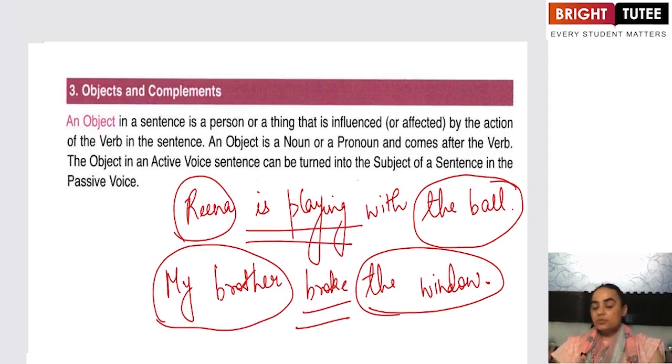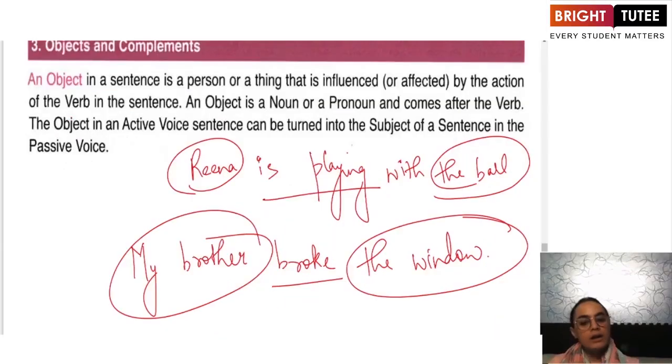One more thing that will help us to identify the object in the sentence is that an object becomes the subject when we change that sentence into the passive voice.